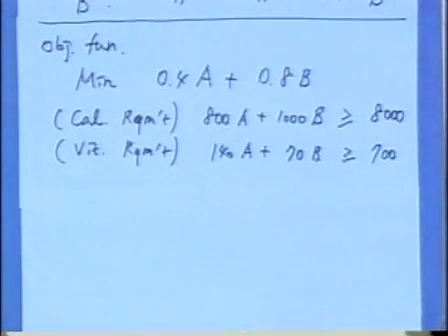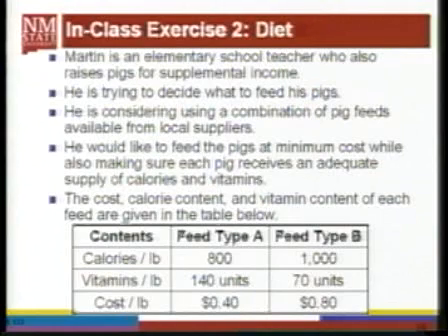It does say that no more than 1/3 of the diet can consist of feed type A, right? And how would you express this using a mathematical expression? Okay, what about this?